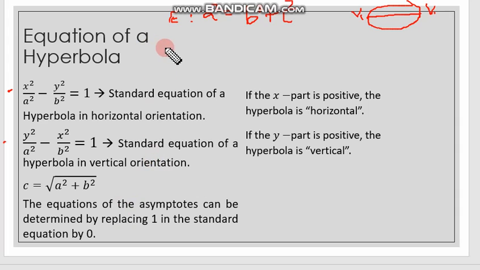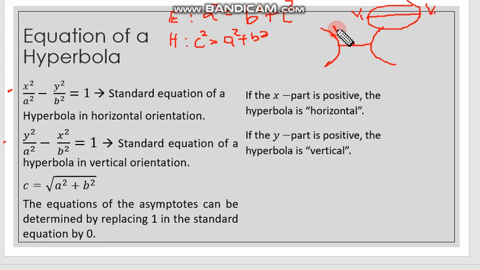While here in the hyperbola, c is the longest. c squared is equal to a squared plus b squared. Why? Because in the hyperbola, this is the center here.